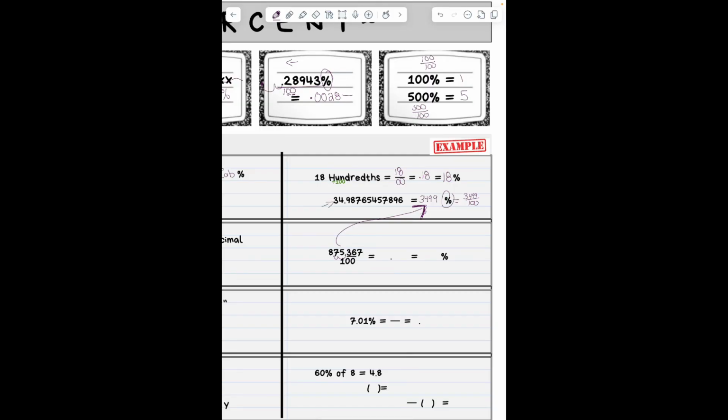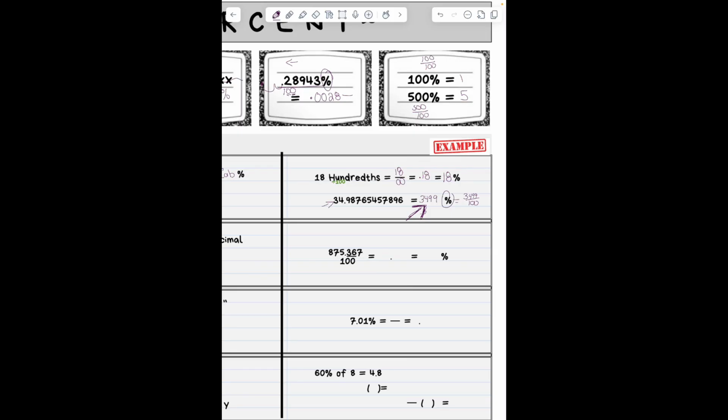So I wanted to turn the 34 into something with a 100 at the bottom. It was 34 over 1, so I would multiply by 100 on both sides, and now I have a 100 on the bottom. That's not what we're doing in the second example. I already have the 100 on the bottom. I have the dividing by 100. I'm not converting it. So don't get that confused.